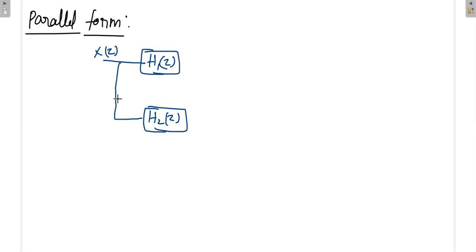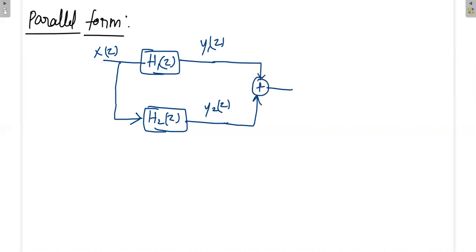The same input x of z is given to both system 1 and system 2, but depending on the system transfer function they produce different outputs, y1 of z and y2 of z. Even though the input is the same, the system transfer function is different, that's why the output is different. Again we have to combine these two, and finally we'll get y of z.